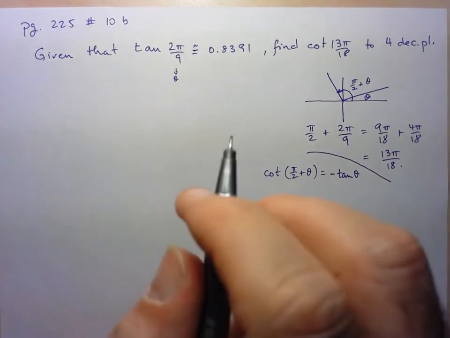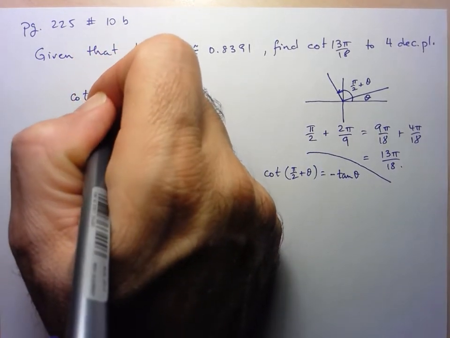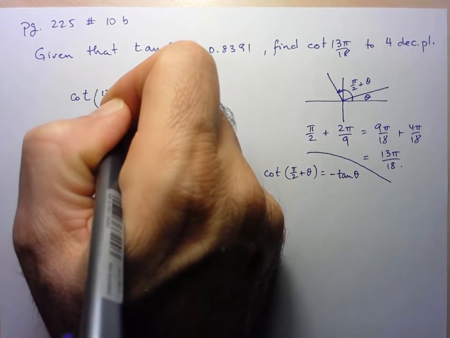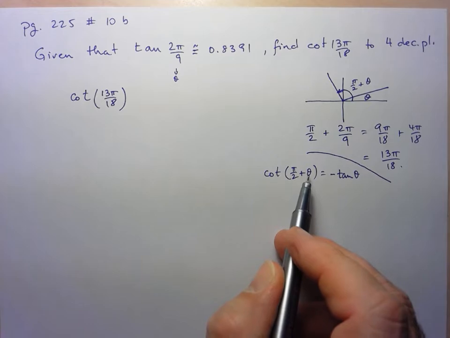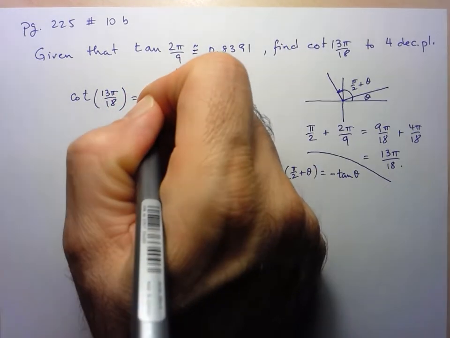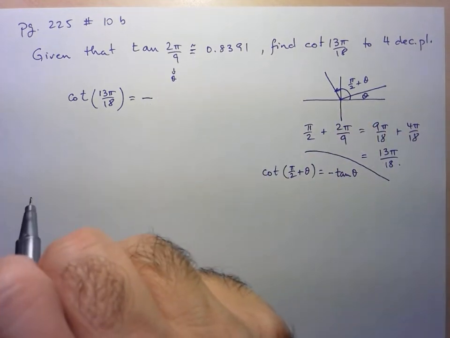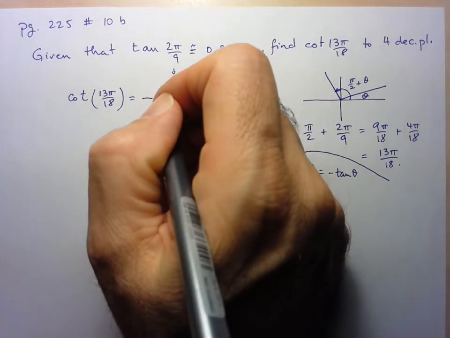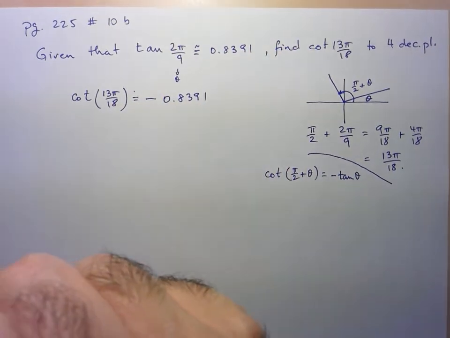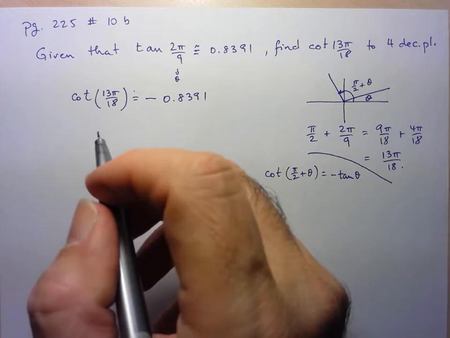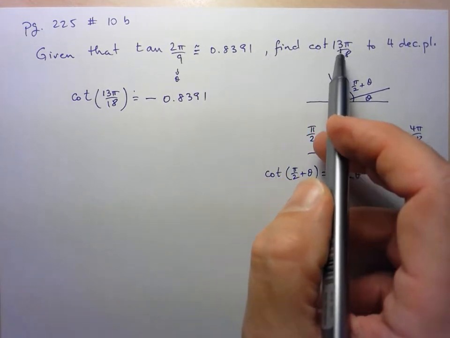So when I look at cotangent of 13 pi over 18, that represents our pi over 2 plus theta. That's going to be equal to the negative of tan theta. And what was theta? It was our 2 pi over 9. So this is just going to be equal to negative 0.8391 approximately. So you see we didn't actually have to do any calculations. We just had to find the relationship between these angles.